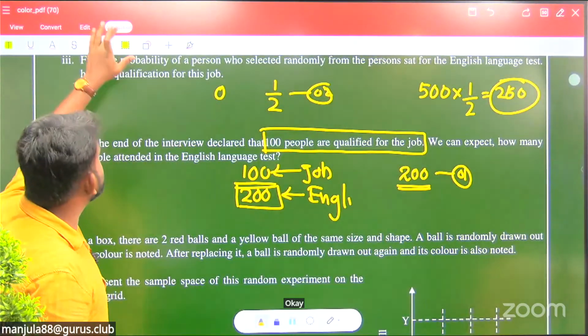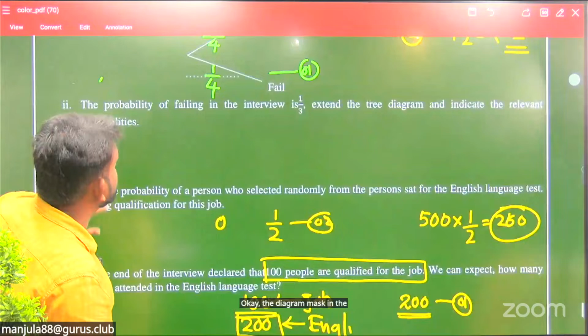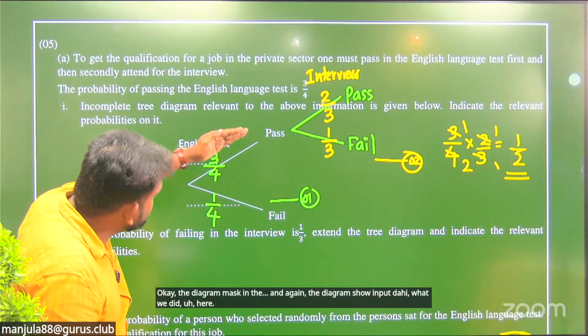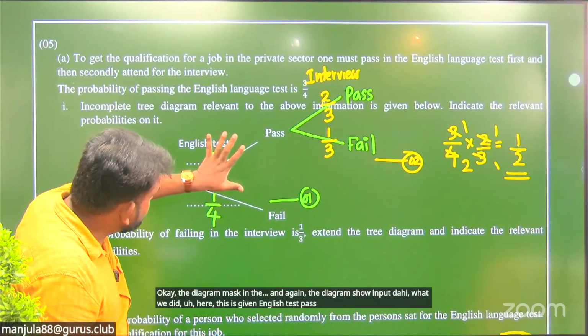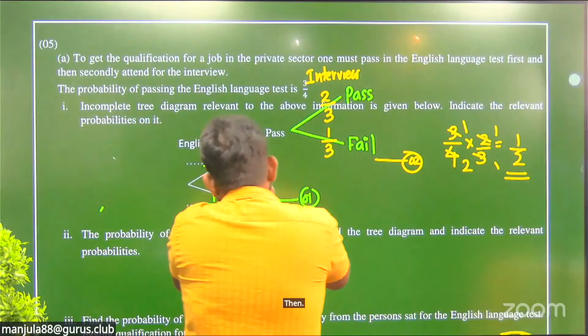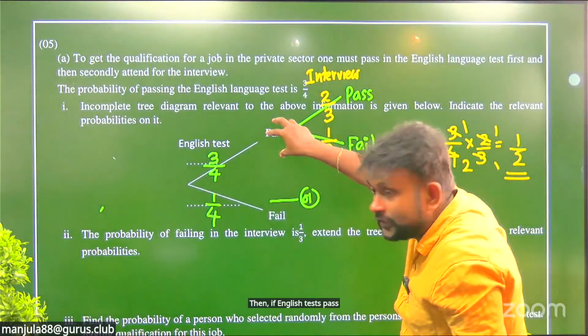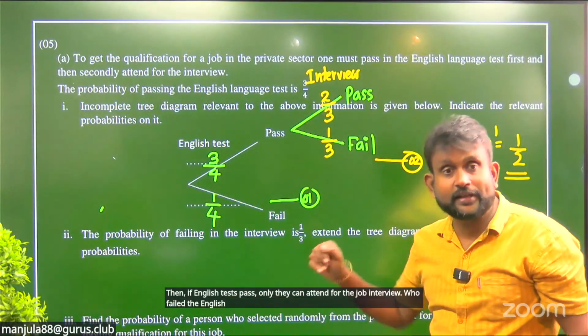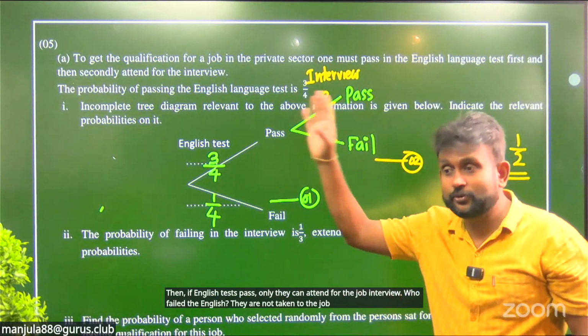Okay, the diagram again. Here what we did: this is given, English test pass and fail. The English test is the first scenario. Then only if they pass the English test can they attend the job interview. Those who fail the English are not taken to the job, right? They are asked to go home. Why?